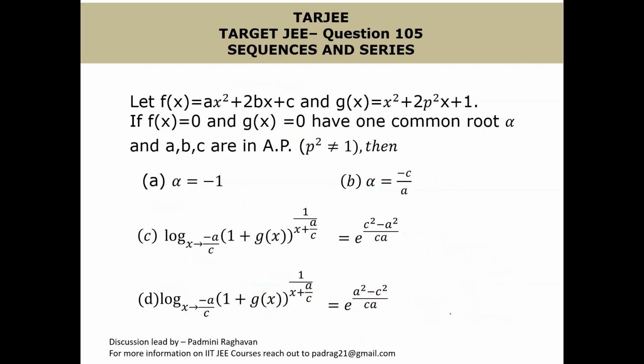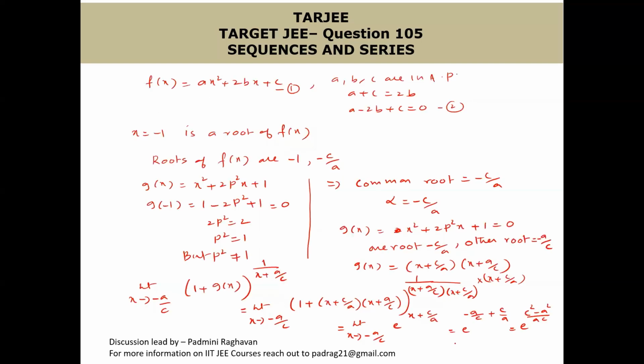Let's have a look at the options. Option B is an answer, and options C and D are the same. The only difference we see is c² − a² and a² − c², but we got the answer as e to the power of (c² − a²)/ca. So the appropriate options are option B and option C.